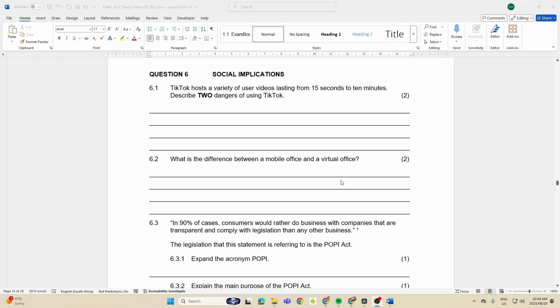Question 6. Here they're talking about social implications. So social media can also come up, but it's not specific to that. Here they talk about 2 dangers of TikTok, the difference between a mobile and a virtual office. Now, please, when it comes to that, get the wording correct. Your mobile office is a customized vehicle that includes a working space with relevant devices and an internet connection.